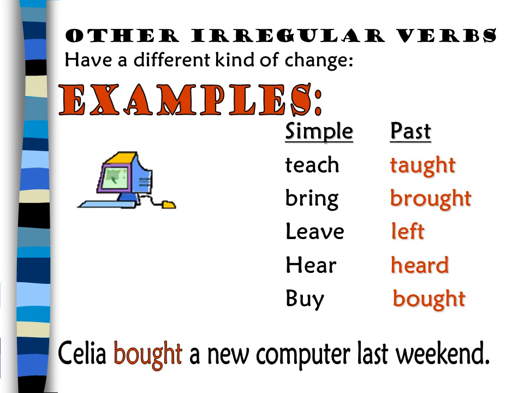Look at the time expression, last weekend. I can't say Celia buys, all right? It's not the present, it's the past, a finished action. So the past of buy is bought.